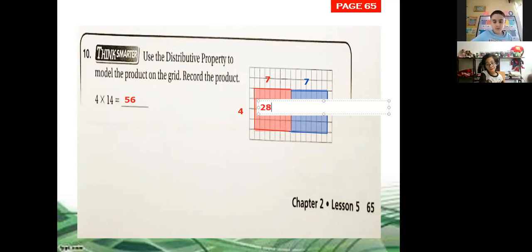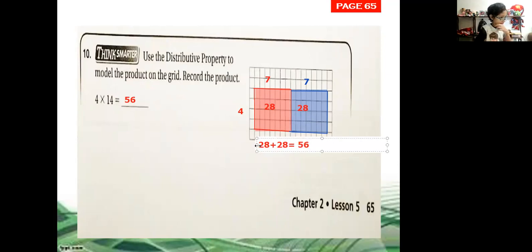So remember that this side means that we have 28 little squares here, and 4 times 7 is the same, 28. If you add 28 plus 28, the answer is equal to 56. Mia says it's 56. That's right. That is the answer. So here we just copy the answer that is 56.